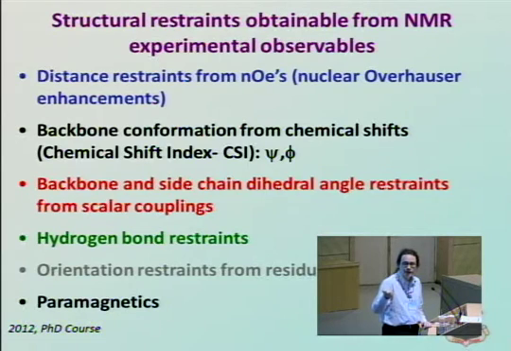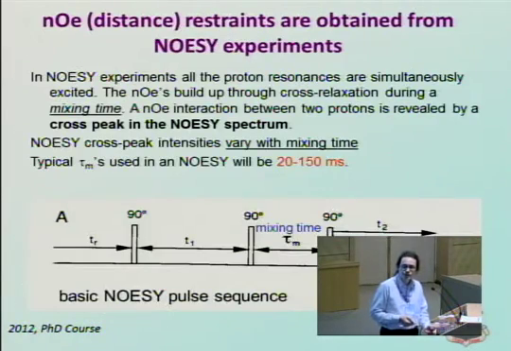And then you have other kinds of restraints: hydrogen bonds, residual dipolar couplings, we will mention those, and we have paramagnetics, which, as I mentioned, is going into a separate discussion.